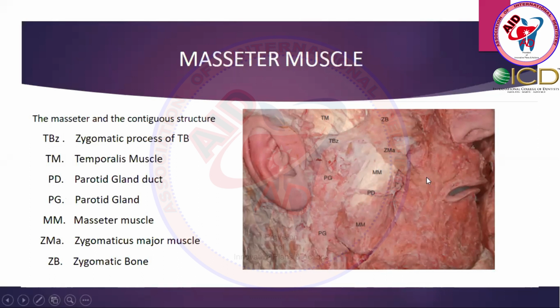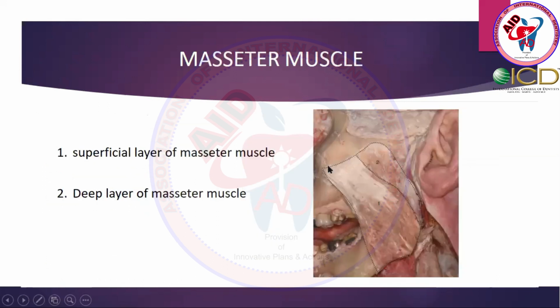That is the zygomaticus major muscle, which crosses over the superficial head of the masseter muscle right here. And that is the zygomatic bone area. This is the orientation of the muscles of facial expression, and that is the presence of the masseter muscle.